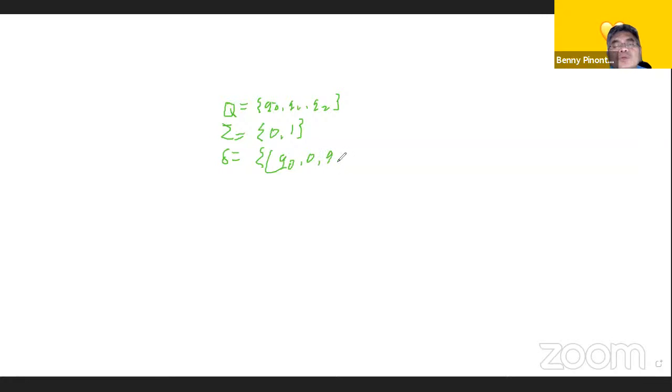Q0, 0, Q0; Q0, 1, Q1; Q1, 0, Q1; Q1, 1, Q2; Q2, 0, Q2; and then Q2, 1, Q2.